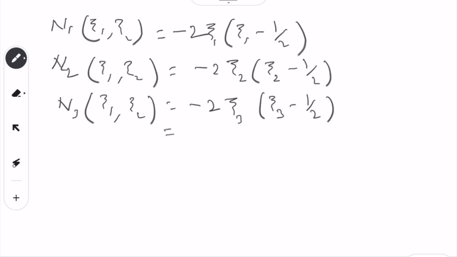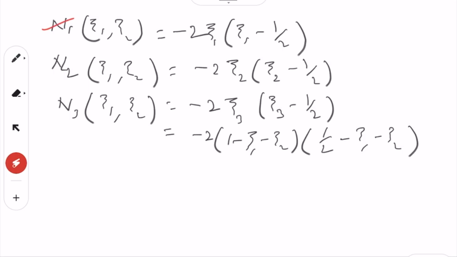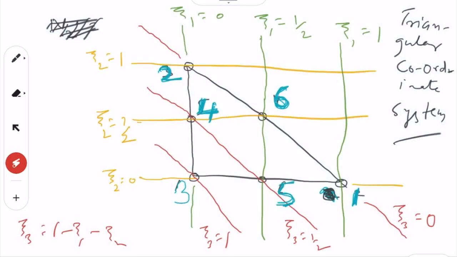And we know that xi3 is nothing but 1 minus xi1 minus xi2, so we can also write it as half minus xi1 minus xi2 in this case. Yeah, so this is how we got n1, n2, n3. Now we can go back and see how we can find out n4. So for n4, now this is tricky, right?